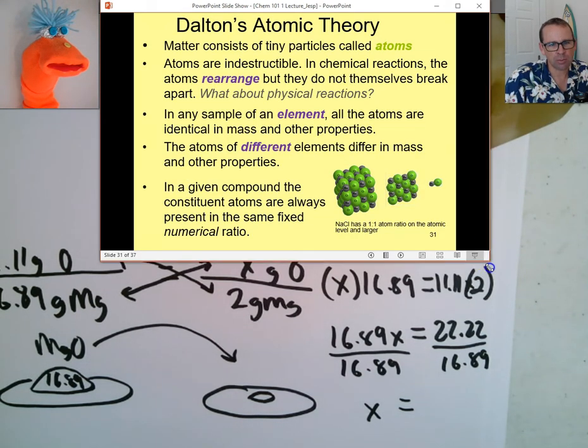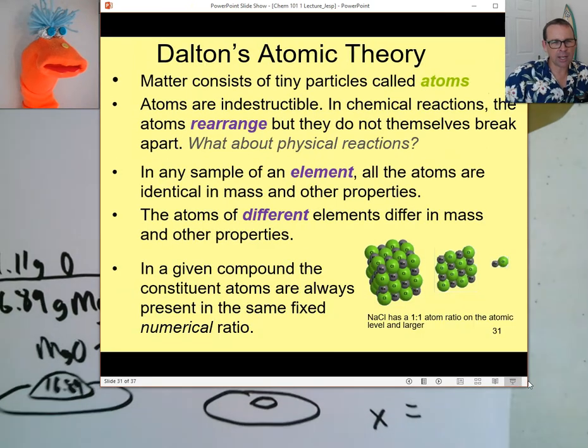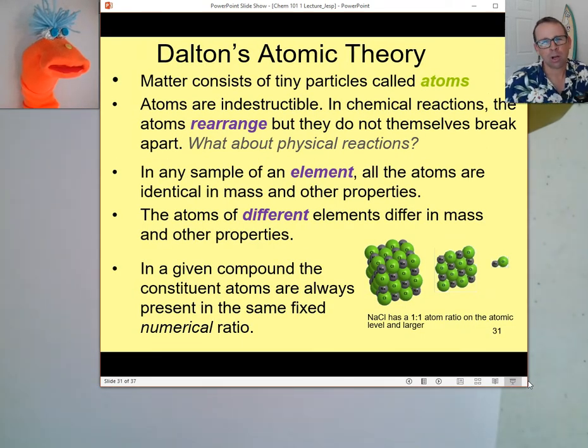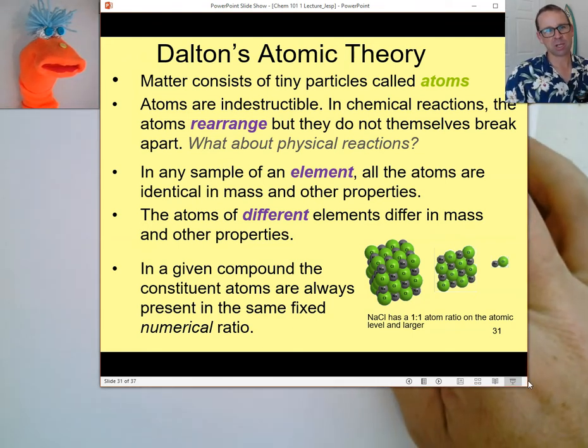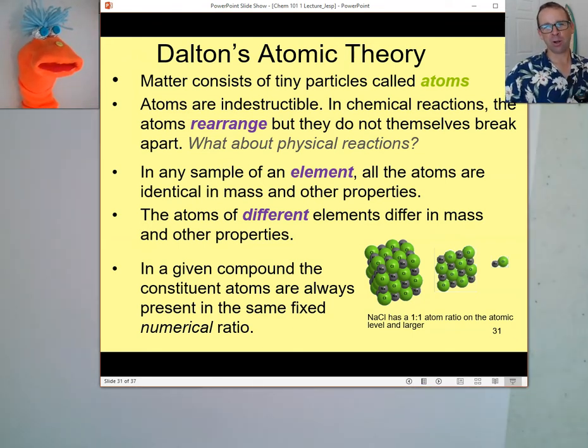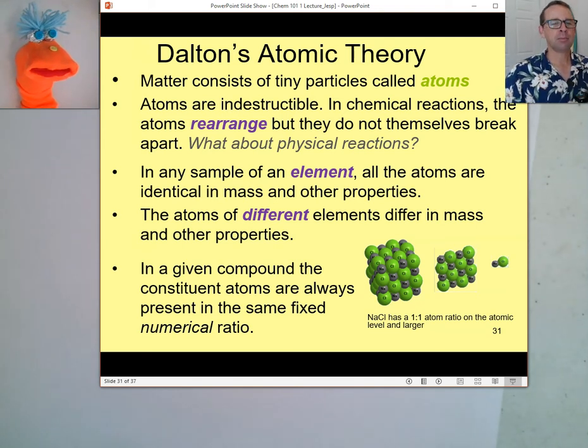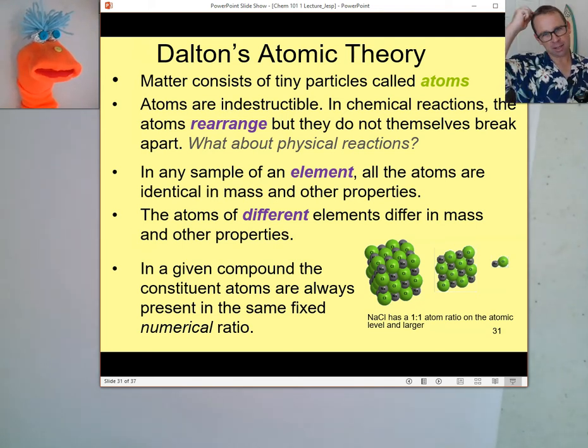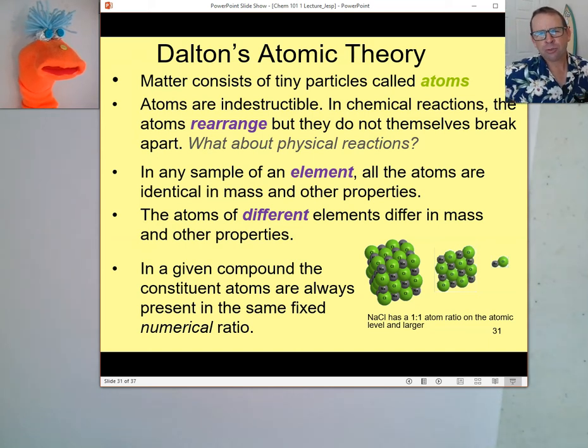So, as we talked about, everything in the universe is made up of atoms. Everything is made up of atoms. And this is kind of what we call our atomic theory, meaning the atom is the smallest thing, and we can't break apart the atom. And that's true for chemistry class.